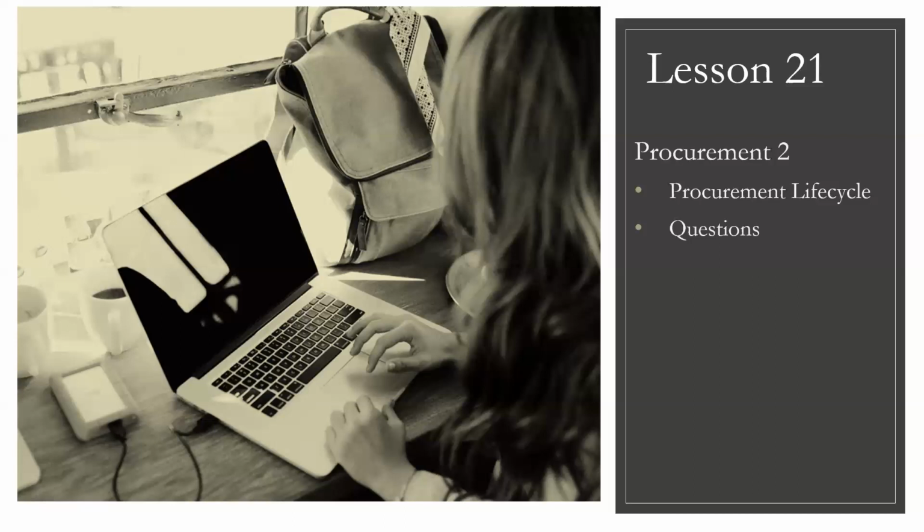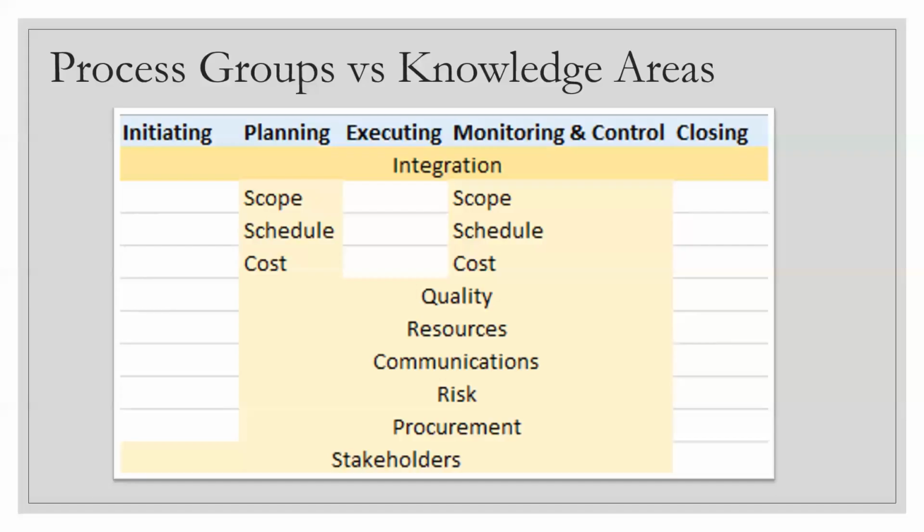Since PMP has no negative marking, you can take out the two options that don't match at all, and out of the remaining two close matches, pick the correct one. With that, let's start the procurement life cycle.